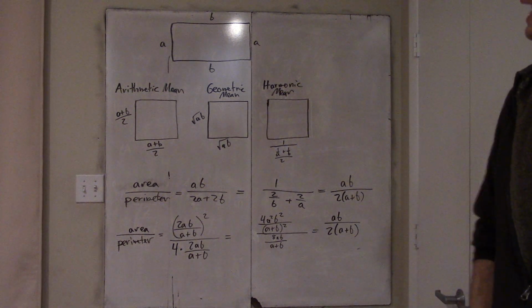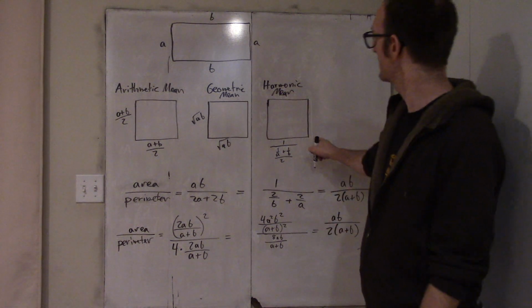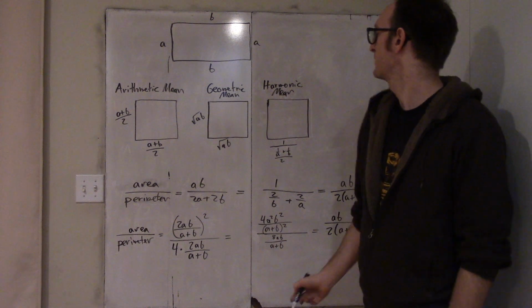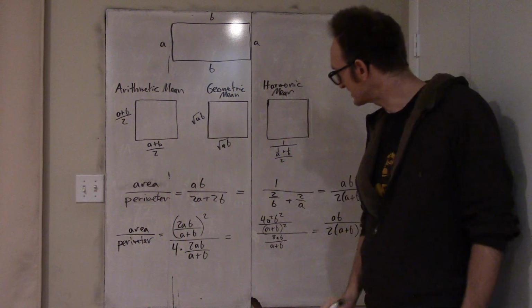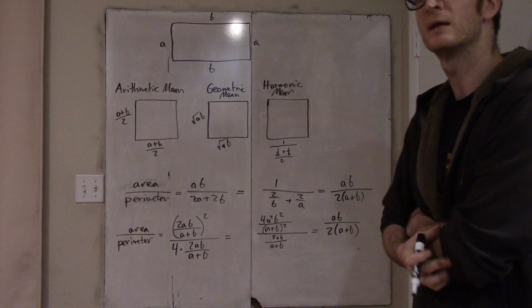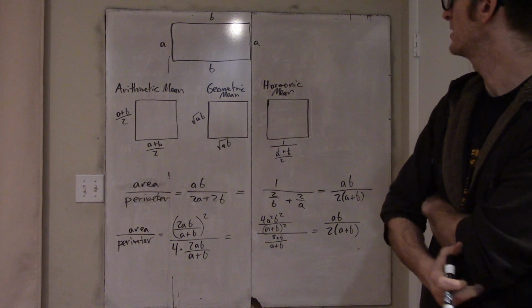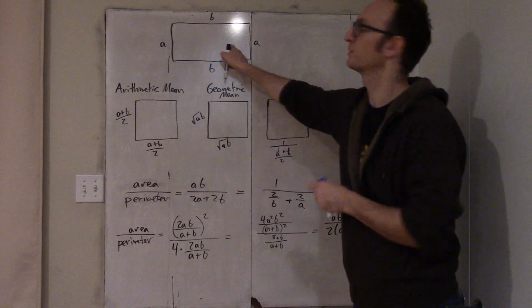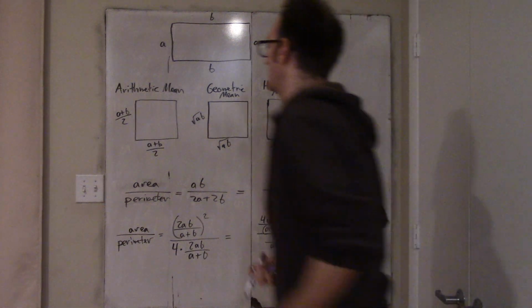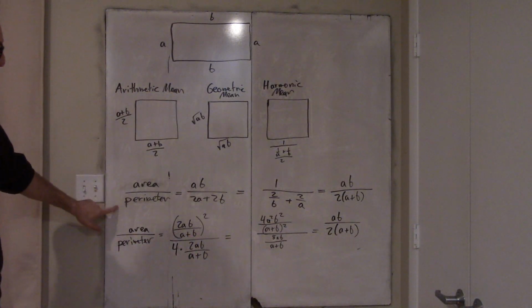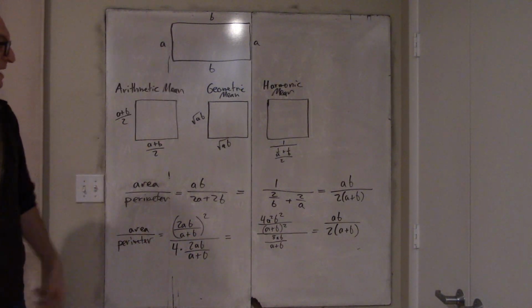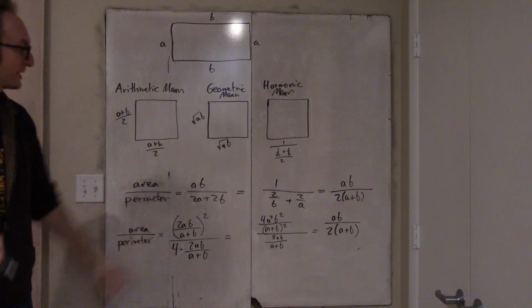I claim that these squares, whose side length is the harmonic mean, have the following property relative to the original rectangle. If you compute the area to perimeter ratio of the original rectangle, you get AB over 2A plus 2B.